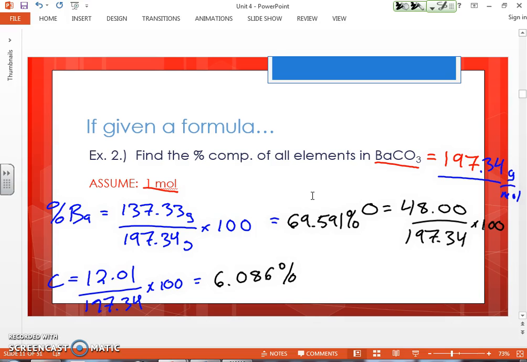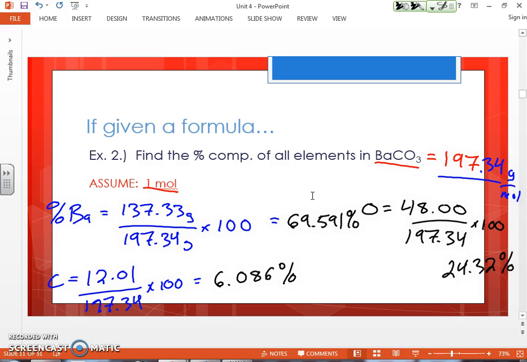And this last one, hopefully it's something around 24, 48 divided by 197.34. Oops, I typed it in wrong. Times 100 gets me 24.32% oxygen.